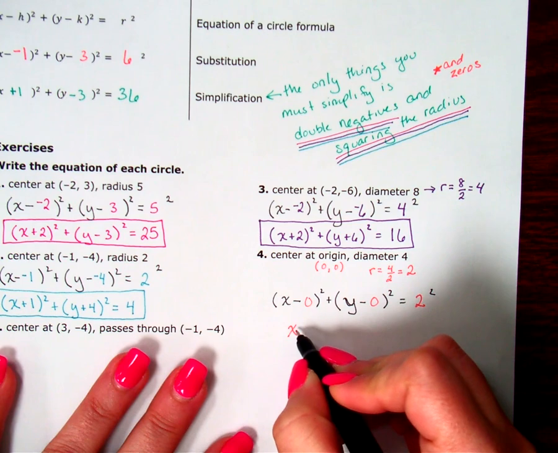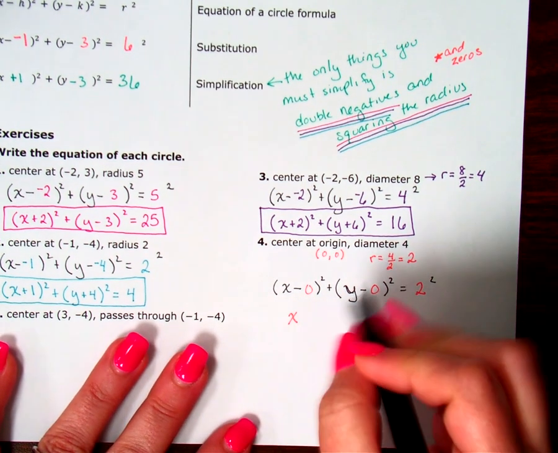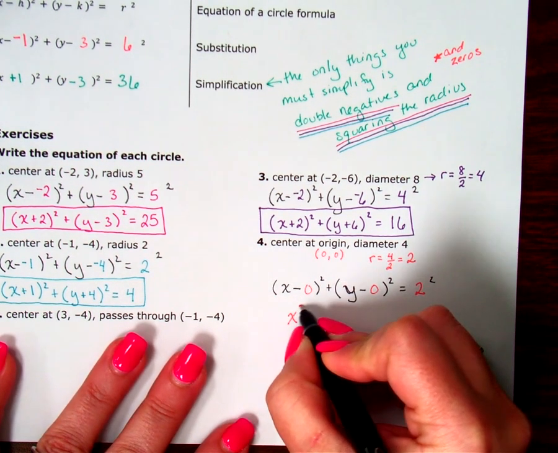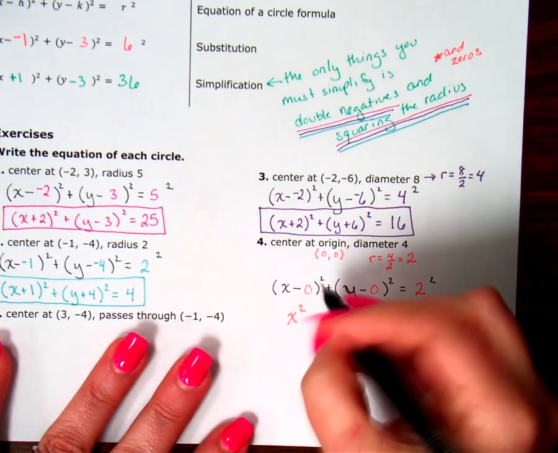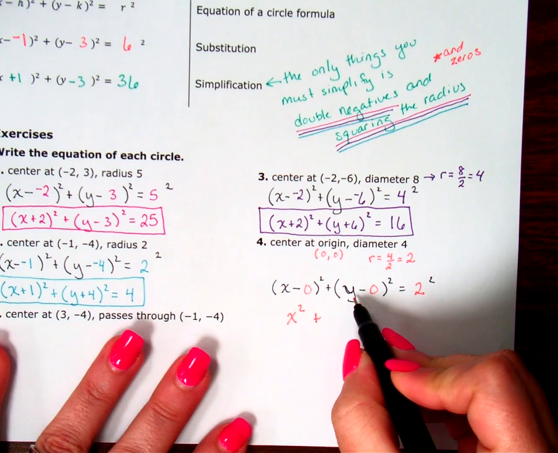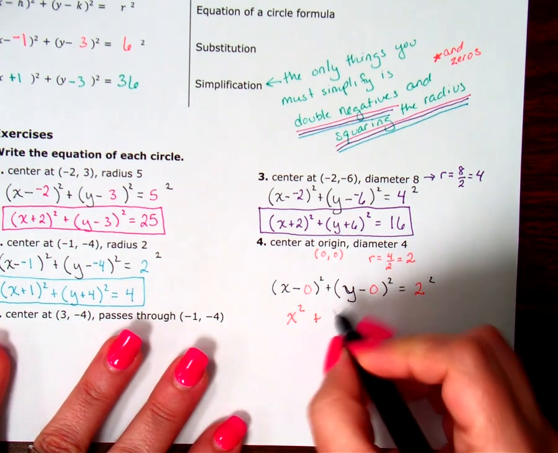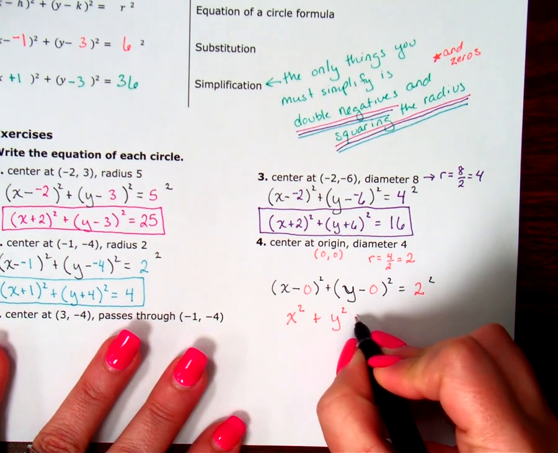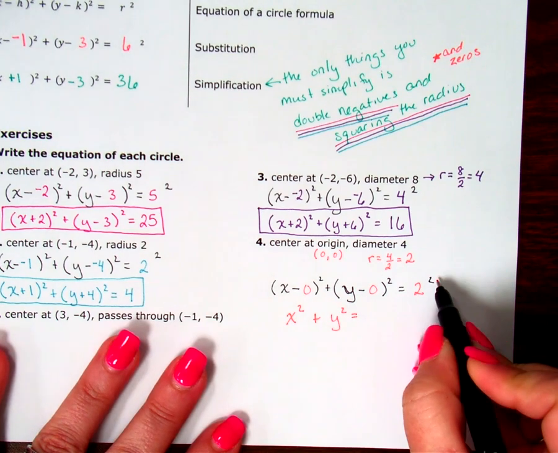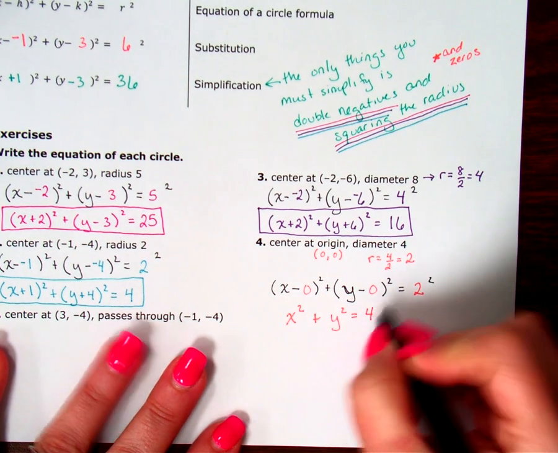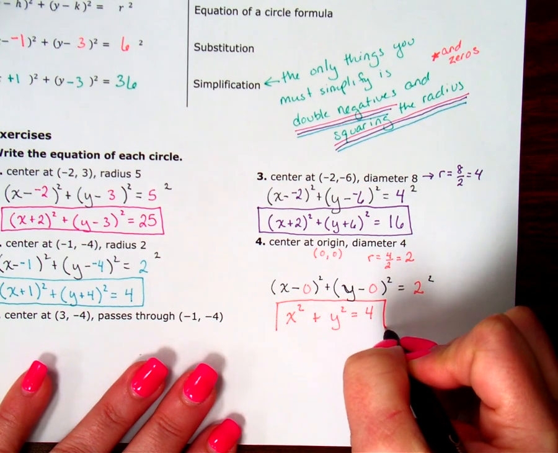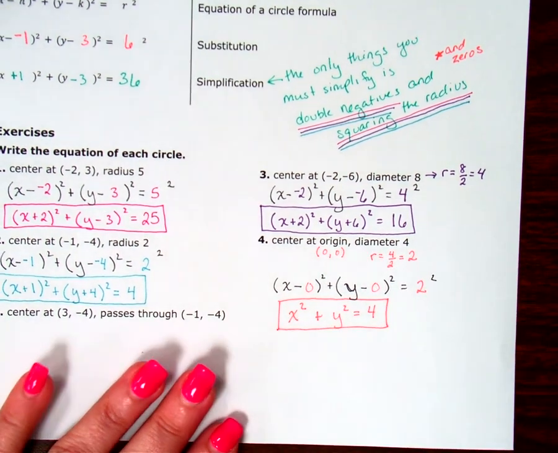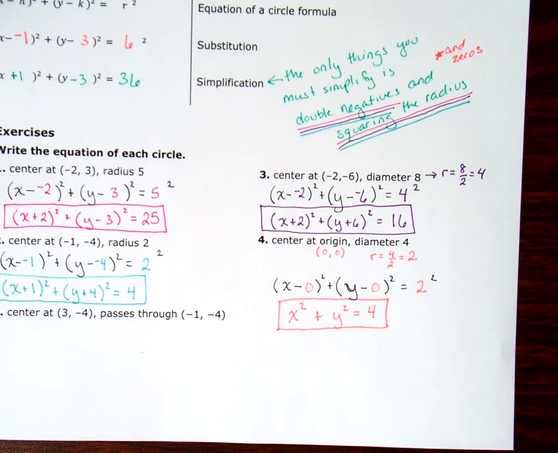Now that there's just an x, there's nothing else with it, I don't have to put it in parentheses, because x in parentheses squared and just x squared are the exact same thing. Plus over here, same thing, y minus 0 is just y squared, equals, and then over here 2 squared is 2 times 2, that is 4. So we're also going to go ahead and simplify zeros. So double negatives, zeros, and then square the radius.